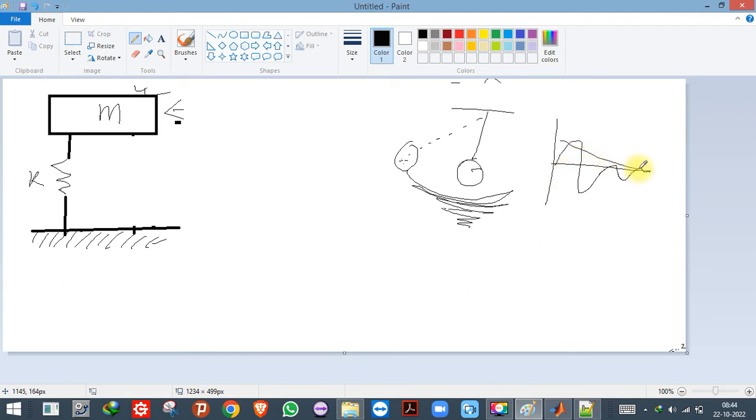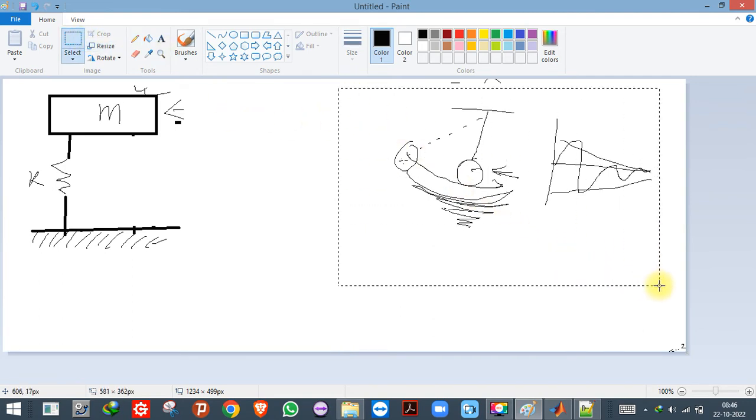This is due to the damping in the structure, which is causing the response to decrease slowly. So it reduces the response of the model, and it always acts opposite to the motion. If the pendulum is moving like this, the damping force will act opposite to it to counter the response.